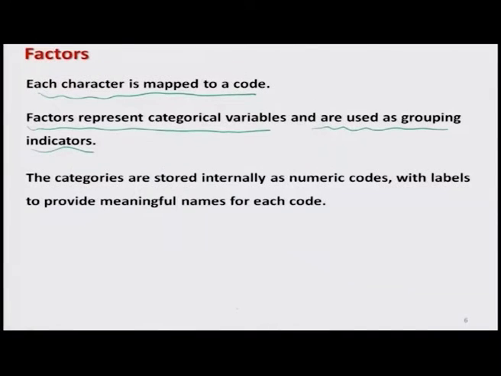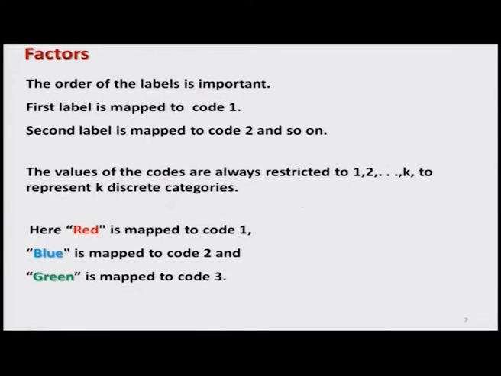These categories are numerically stored internally using the numerical codes, and the corresponding labels provide the meaningful names for each code. This is the characteristic of a factor. In this case, the order of the labels is also important many times.